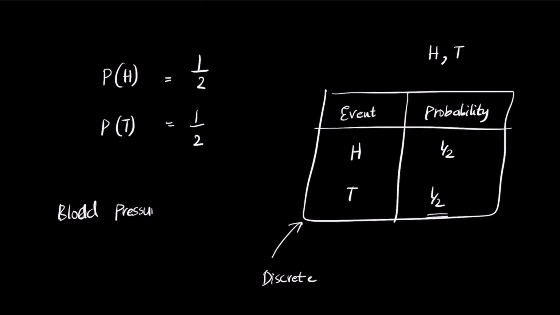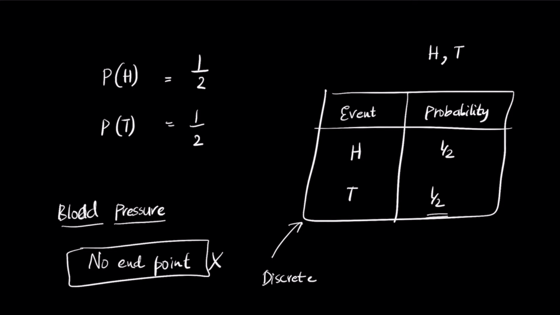Blood pressure is a random variable which is generally continuous because you can continue to enumerate the values, but there is no end. There is no end point, no last event. Because there is no end point, blood pressure can be considered a continuous random variable. In the same way, you can consider heart rate as a continuous random variable.